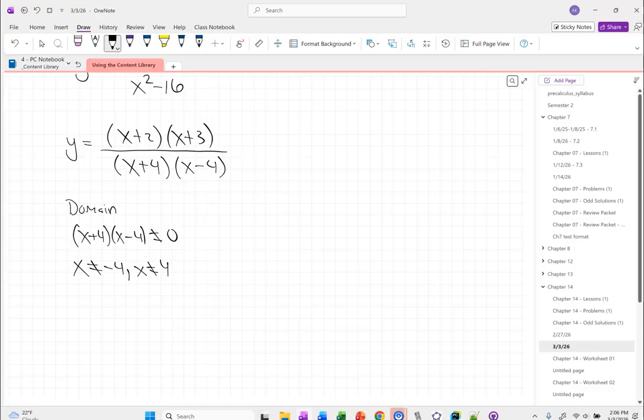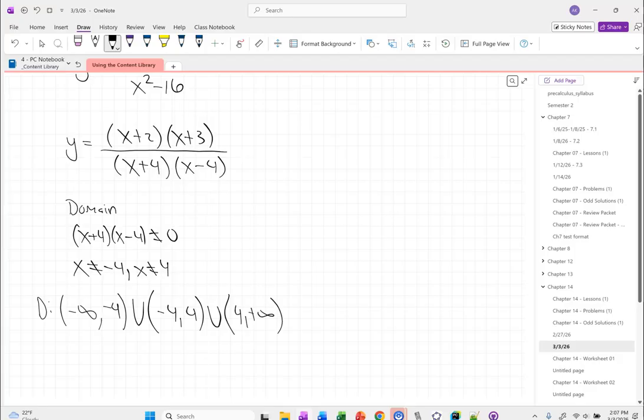How do I write the domain then? The interval from negative infinity to negative 4, or negative 4 to 4, or 4 to positive infinity.